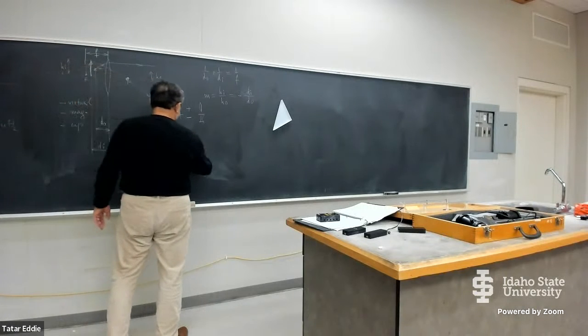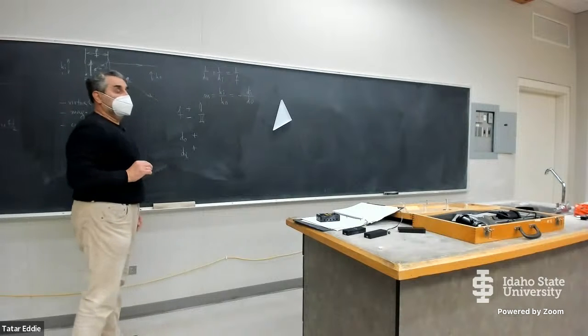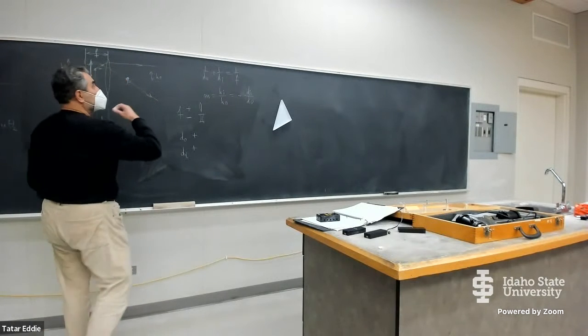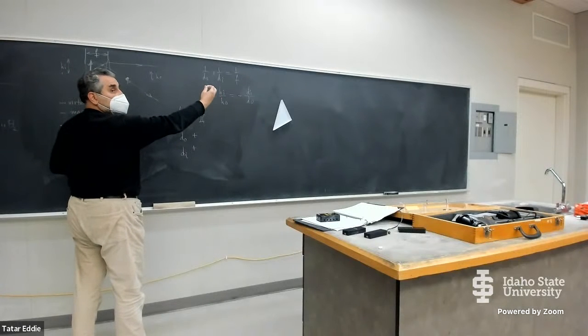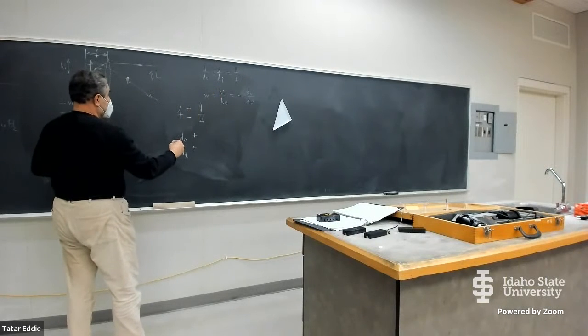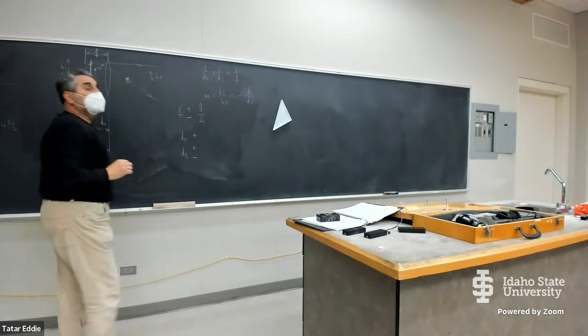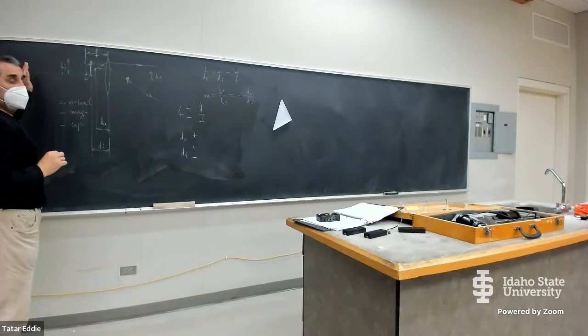And finally, here is the difference between lenses and mirrors. DI is a positive number if the image appears to the right of the lens, and a negative number if the image appears to the left of the lens.